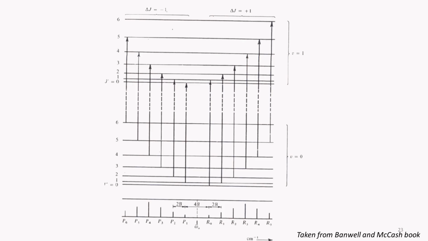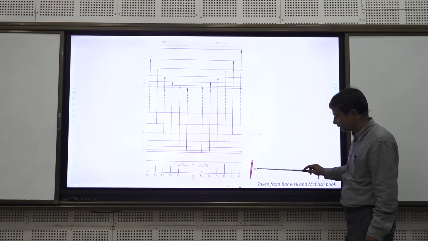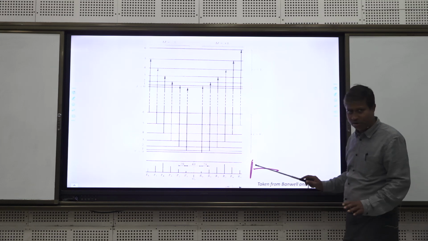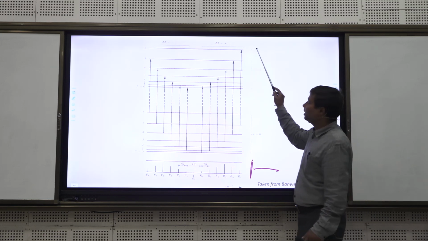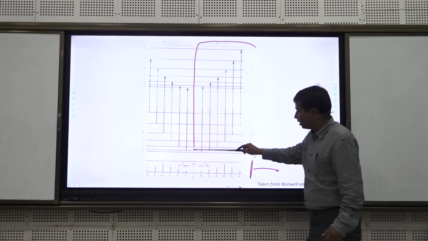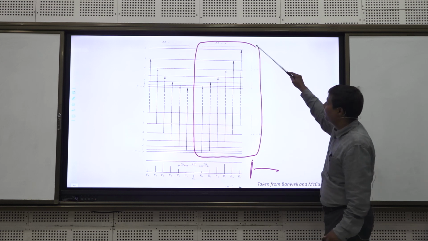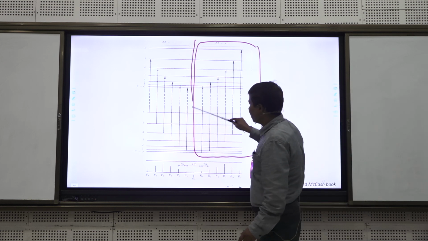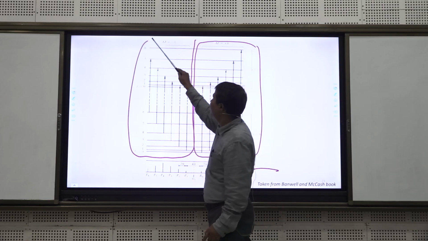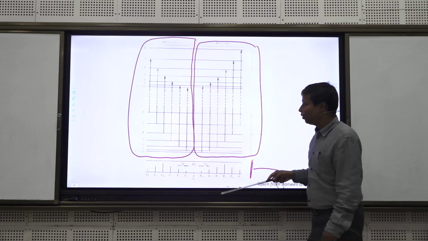If you look part by part, this one is the spectrum that appears. Just ignore the spectrum as of now. There are two parts in this: this is one part, and this is another part. Why two parts?